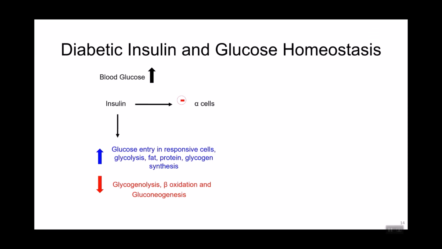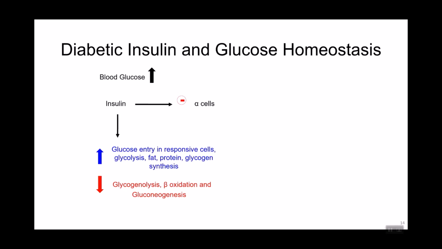So let's just look at what happens when insulin is released from the pancreas or when someone with diabetes takes insulin. As your blood glucose rises, the presence of insulin inhibits the alpha cells of the pancreas, and these are the cells that are responsible for glucagon release.